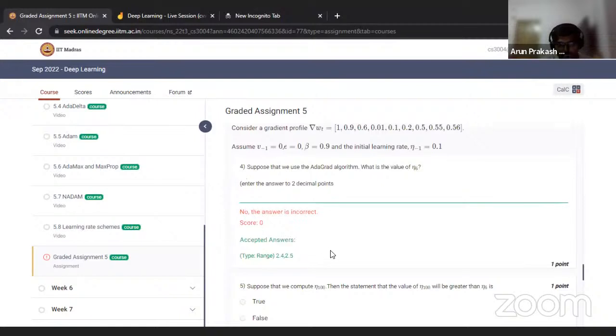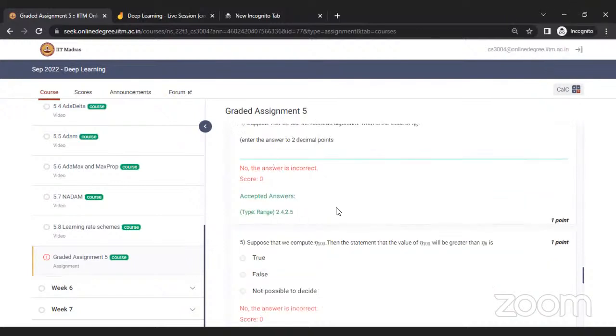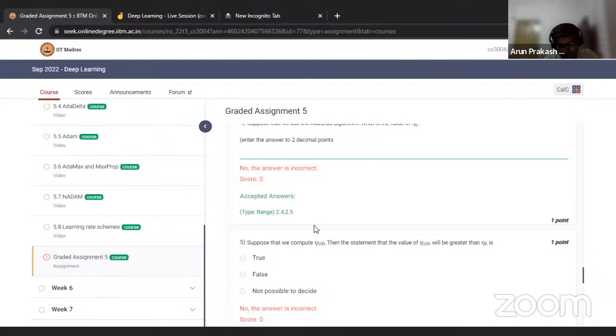For question number 4, the correct answer is around 0.025, something like that. It's not 2.4; it is actually 0.1 divided by the square root of 2.4. We got something like 0.06 when I calculated question number 4. Yeah, it will be around that value only. So 1 by square root of 2.4.